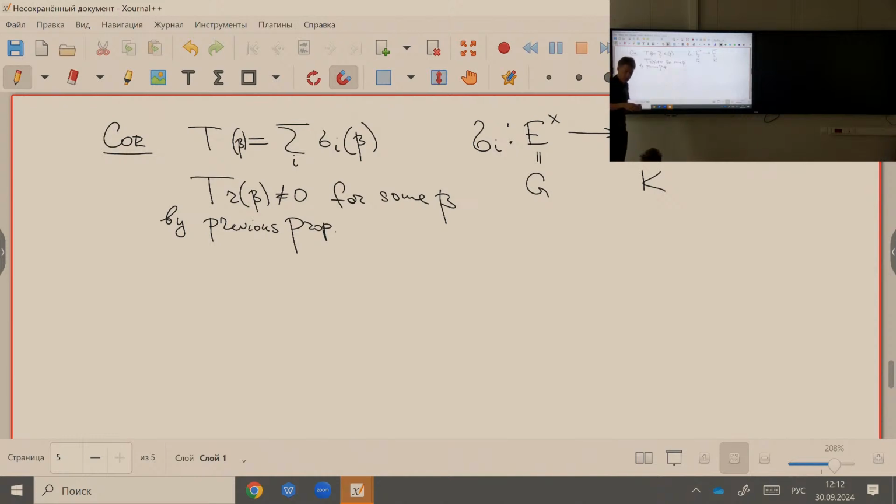And if you have non-separability, meaning that you will have nilpotent components, that will make your trace zero.